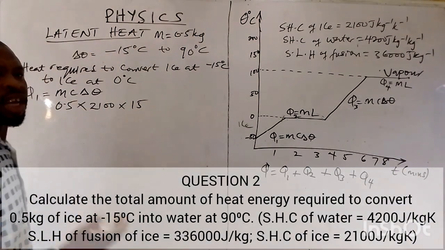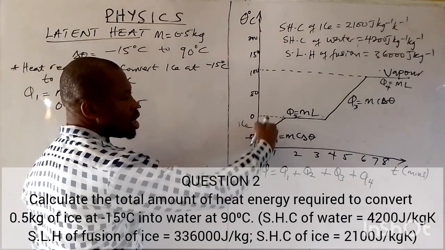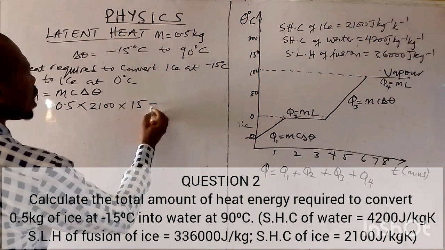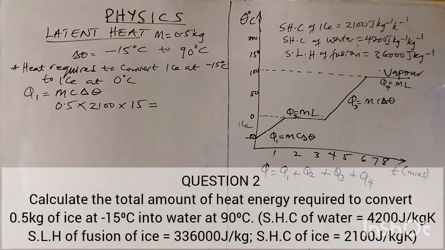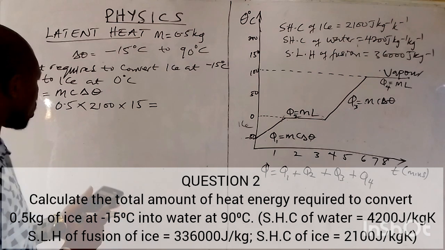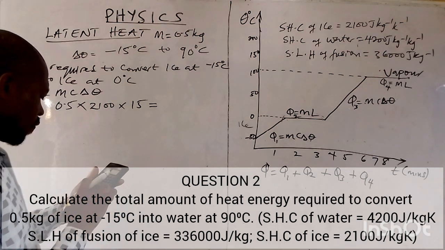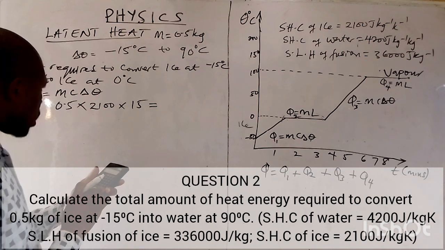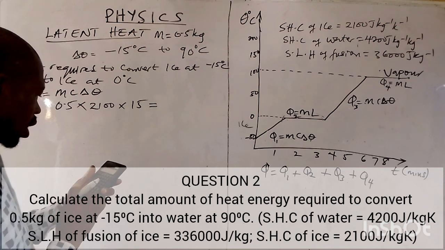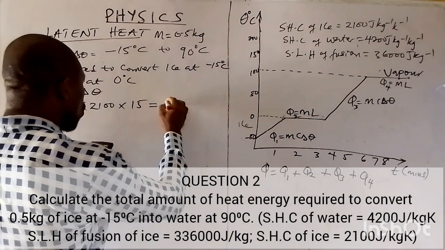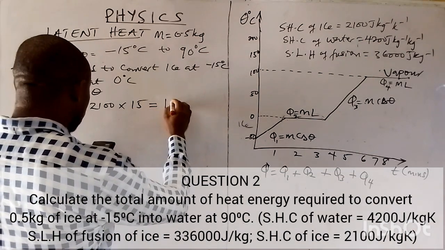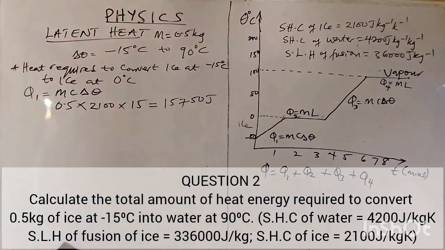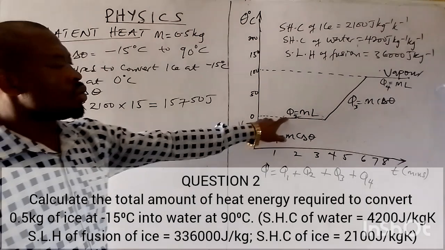This negative sign is just an indication that it is below 0, so we don't use the negative sign. The heat required in that process is 0.5 times 2100 times 15, which gives 15,750 joules. So that is the heat that will take it to this point.